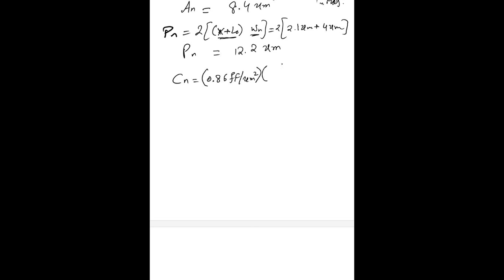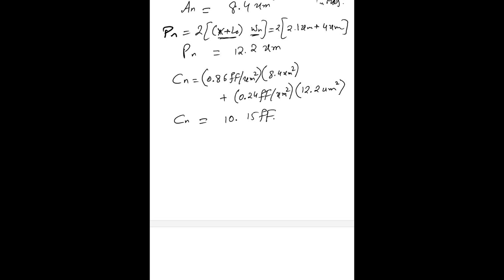This is multiplied by our A of N, that was equal to 8.4 micrometer square, and then we have to add another quantity, that is CjSW for NMOS, which was equal to 2.24 femtofarad per micrometer, and we have to multiply it with the parameter of NMOS, which we found to be 12.2 micrometer. So if we solve this, Cn comes out to be 10.15 femtofarad.